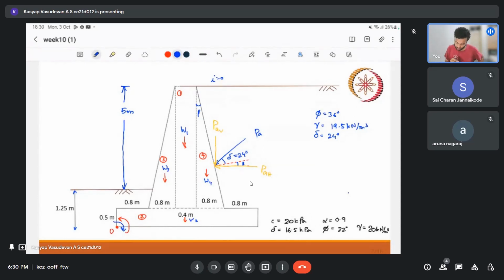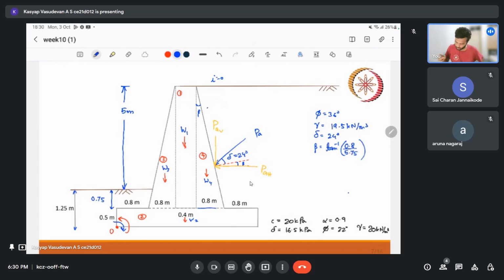So if I want to find beta, okay, if this is beta, this is 0.75, so I can write beta is equal to tan inverse of opposite by height. Opposite is 0.75 by 5.75.